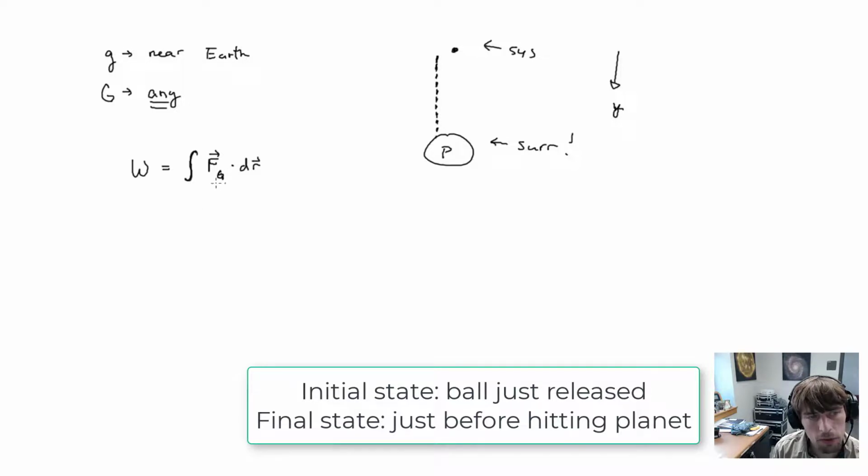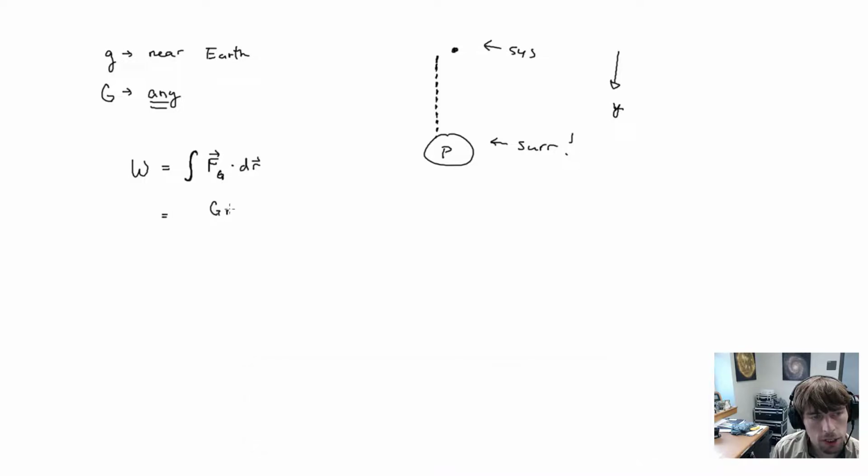And I need to substitute in the expression for the gravitational force. So I've got G, mass of the ball, mass of the planet, P, over r squared, dr. We notice that the gravitational force is towards the center, and that's also the direction of the displacement.